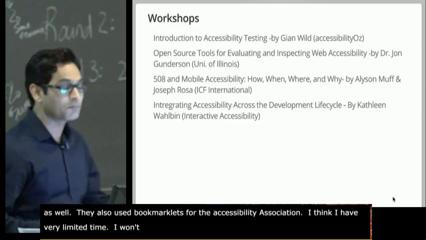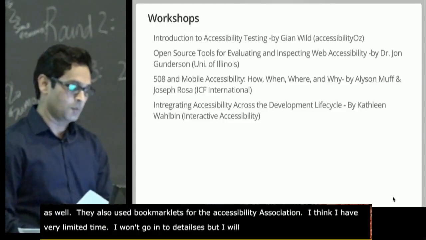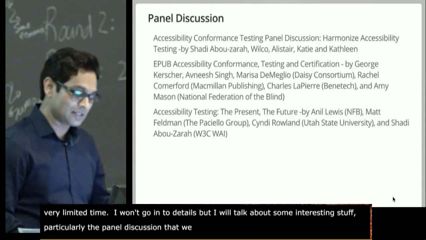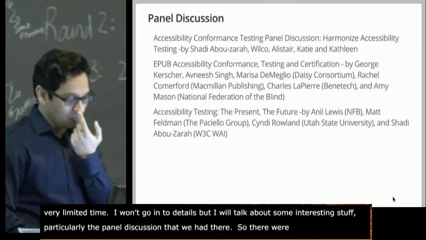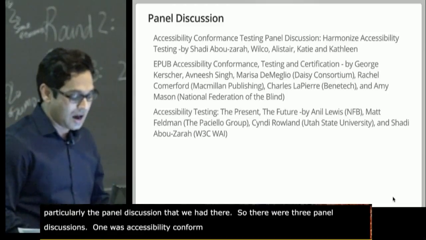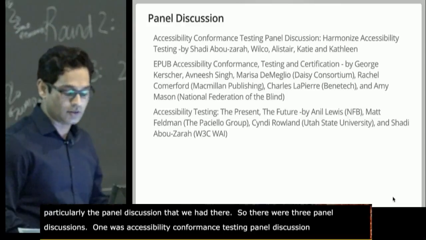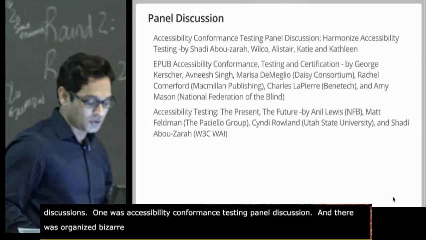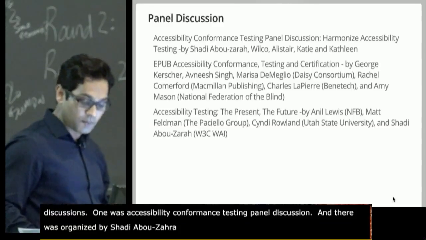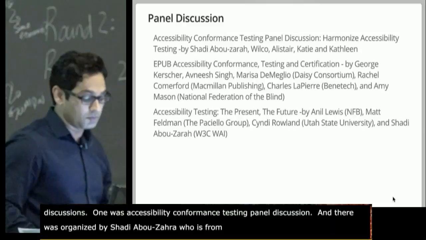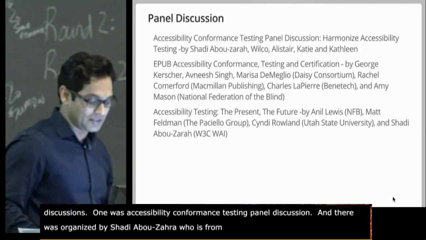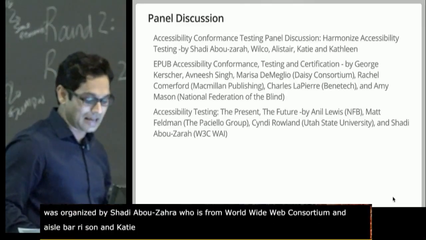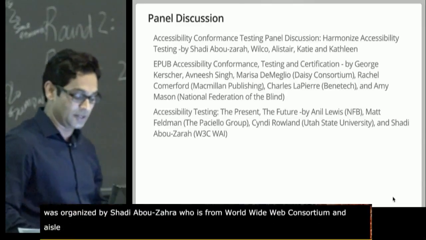I'll talk about some interesting stuff, particularly the panel discussions that we had there. There were 3 panel discussions. One was the accessibility conformance testing panel discussion, on harmonized accessibility testing, organized by Shadi Abou-Zahra from the World Wide Web Consortium Web Accessibility Initiative, with Wilco Fiers from Deque Research, Alistair Garrison from Level Access, Katie Haritos-Shea from Deque Systems, and Kathleen Wahlbin from Interactive Accessibility.